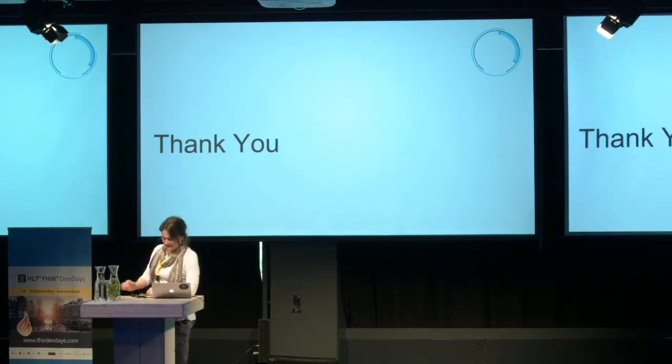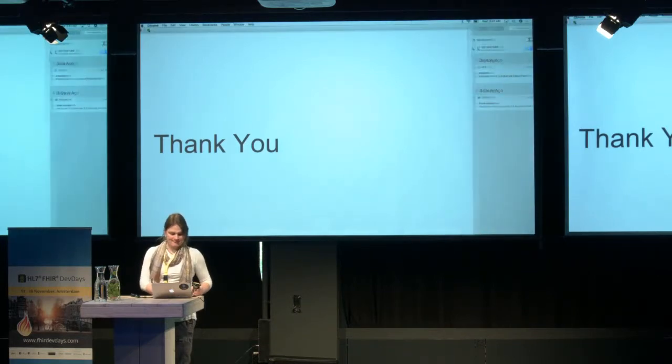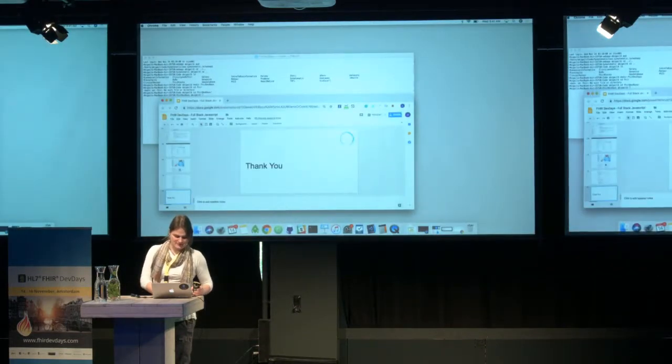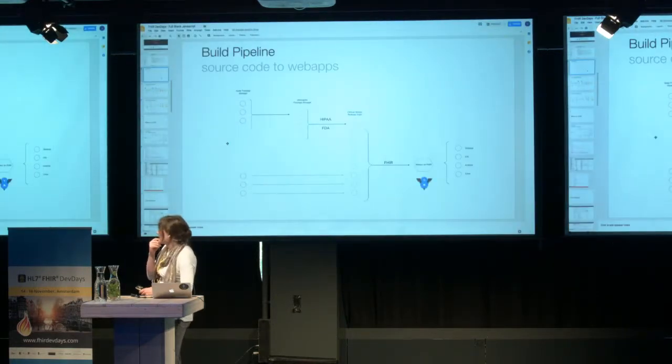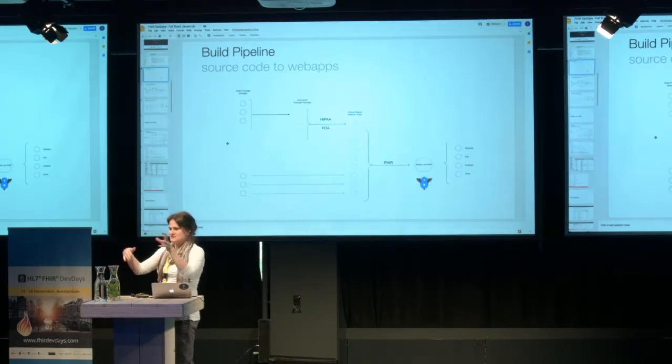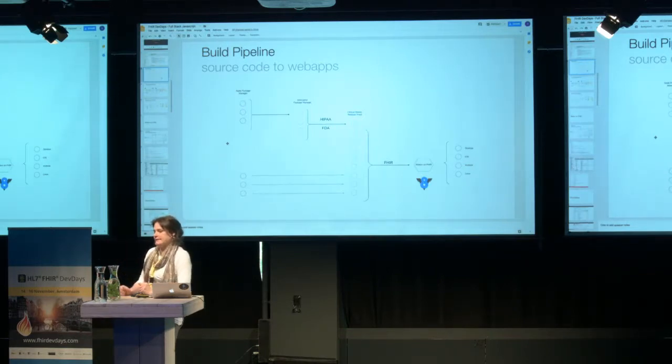Yeah. I know exactly. Let's go back to our build pipeline. There's a question about the idea of integrated systems versus best of breed, taking the best library and so forth.